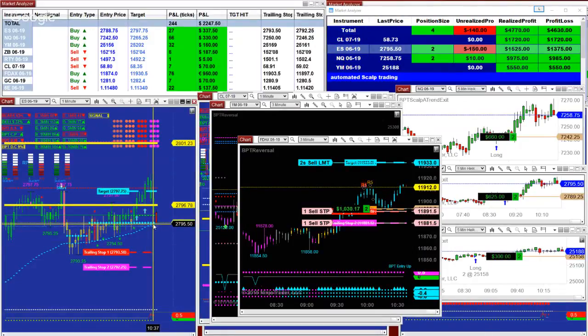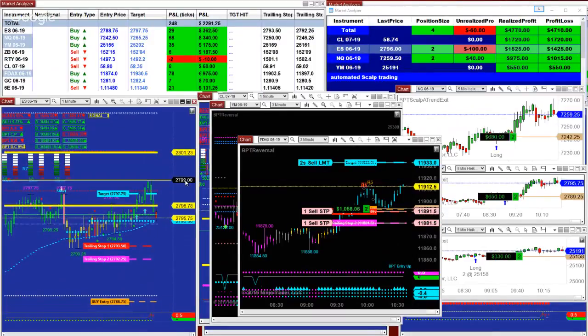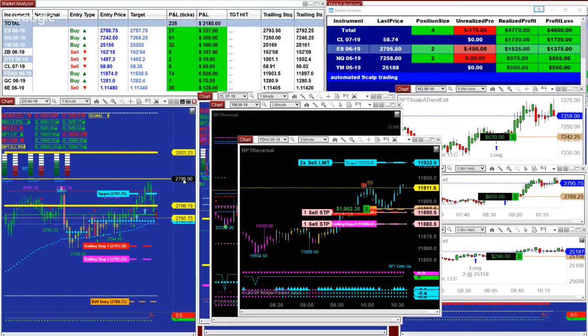If we break that on the ES, the 95 level, look at this, the 95 level. If we break it, that means we are about to have a short signal. Let's see. If we stay there, that means we have a problem. There are sellers coming in.